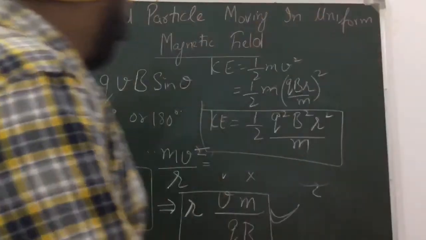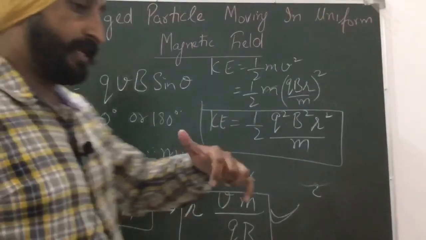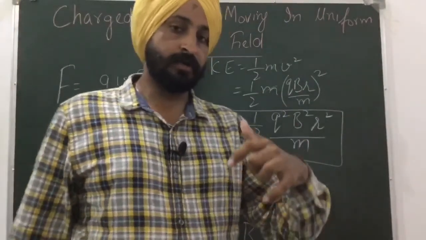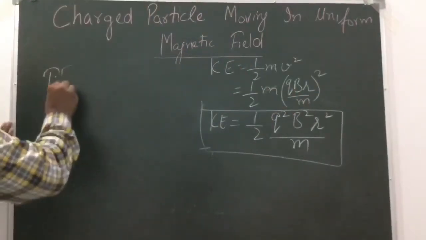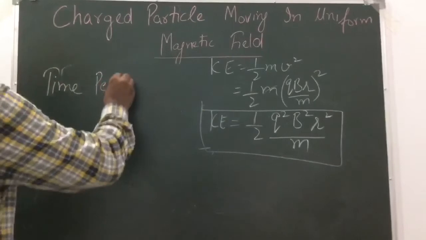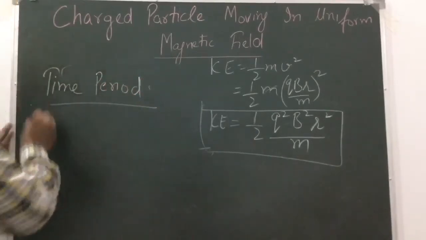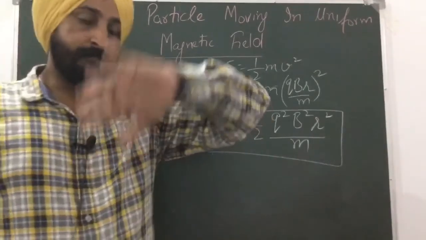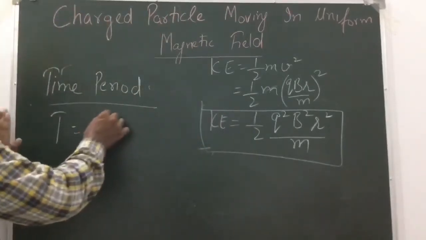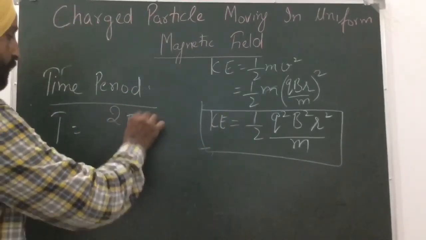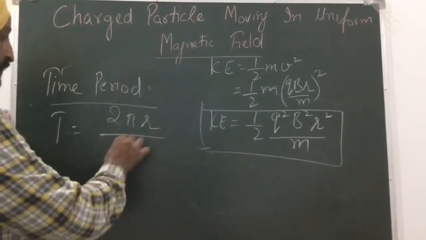You can also calculate the time period, the time taken by that charged particle to complete one round. Time will be equal to the complete path covered divided by velocity. The path covered will be equal to the circumference, 2 pi r, divided by its velocity.